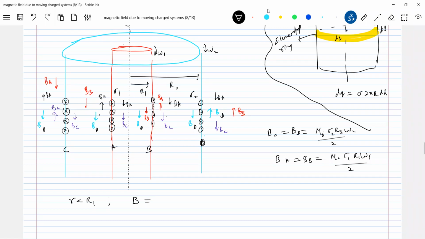I try to see the arrows. Due to all sheets, it should be added up. BA plus BB plus BC plus BD. So this should be mu naught, total it will be sigma 1 R1 omega 1 plus mu naught sigma 2 R2 omega 2.